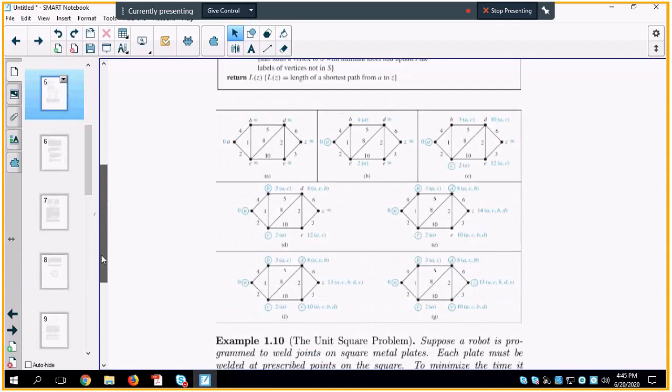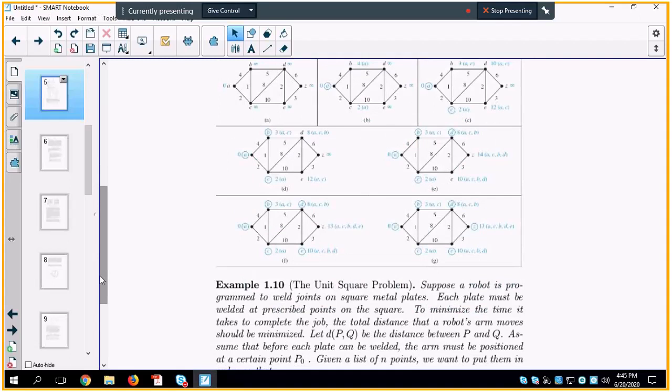Then we also have this nice graphic that describes what is called the unit square problem. Suppose that a robot is programmed to weld joints on square metal plates. Each plate must be welded at prescribed joints on the square. To minimize the time that it takes to complete the job, the total distance that a robot's arm moves should be minimized.